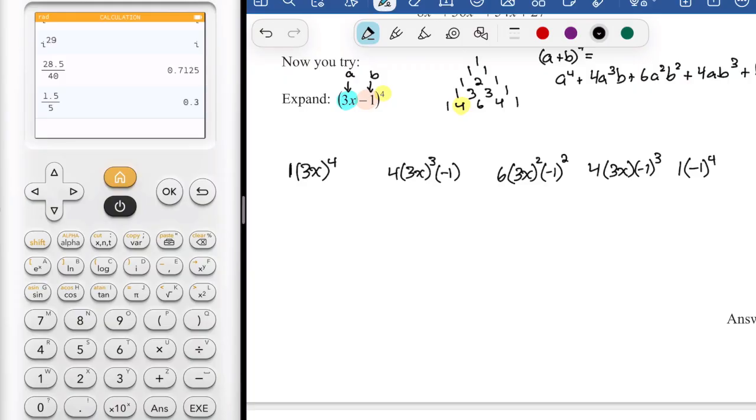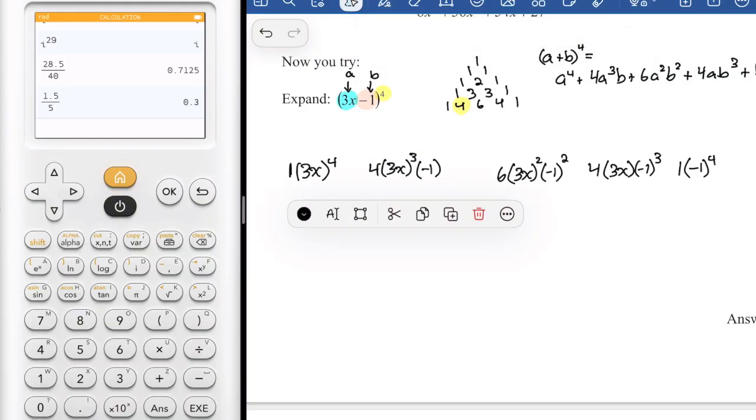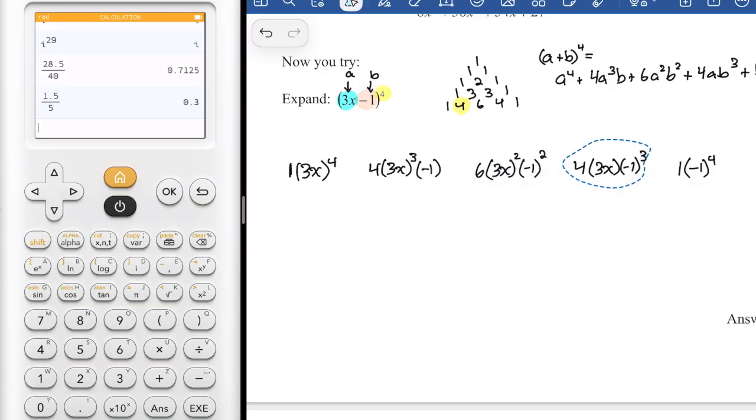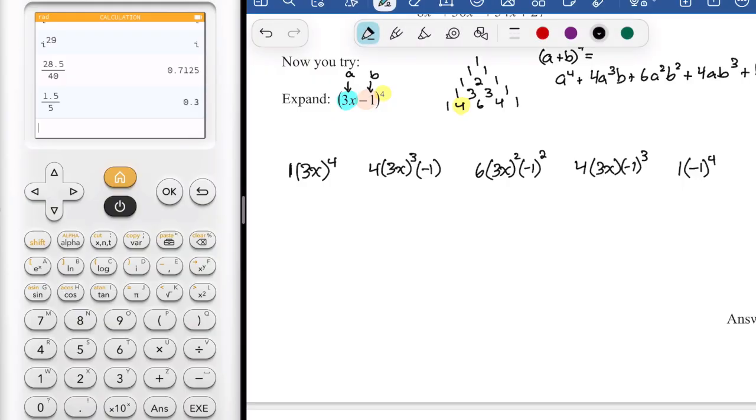All right. So just like we'd been doing with Pascal's triangle, all that's happening here is we list out our coefficients. We take our first term, raise it to whatever that high power is, in this case, power of 4, and then decrease that high power as you go from left to right. Right.